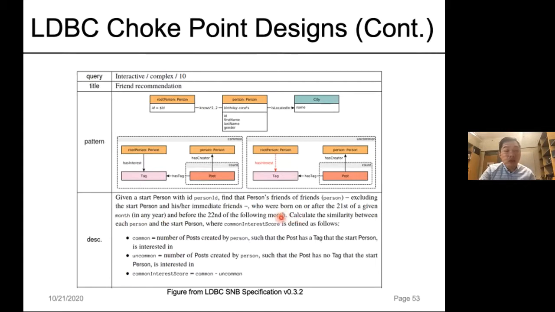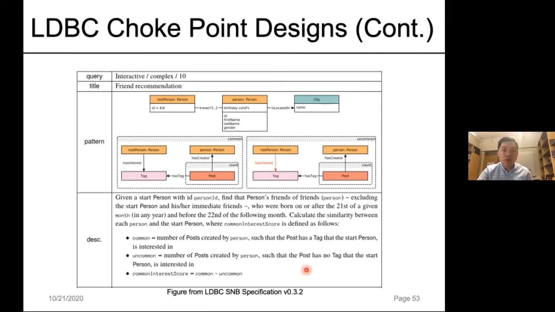The final goal is to calculate the similarity between the person and the friends. The common interest is defined as follows. The common score means the number of posts created by the friend such that the post has a tag that the start person is interested in, and the uncommon is the inverse of the common. So finally, the similarity equals the number of common interests minus the number of uncommon interests.